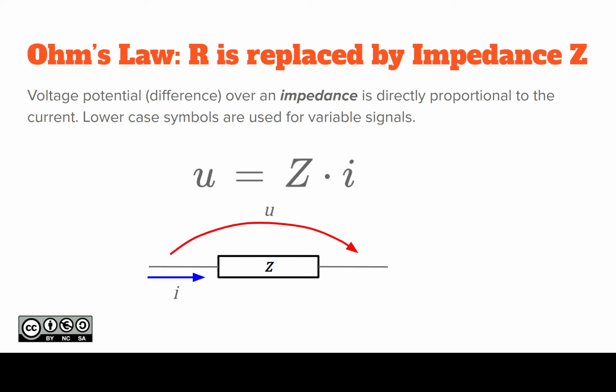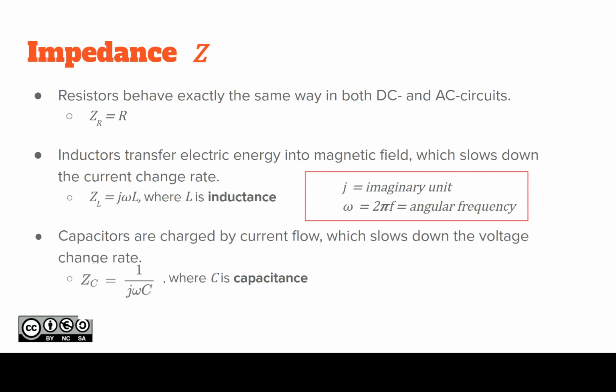That's one of the reasons why engineers in general prefer to use j as the imaginary unit, compared to i, which is the mathematician's way. Physicists use either, whatever fits the purpose. Then the omega here is angular frequency, meaning it's a shorter way of writing 2 times pi times f, where f is the physical frequency in hertz.